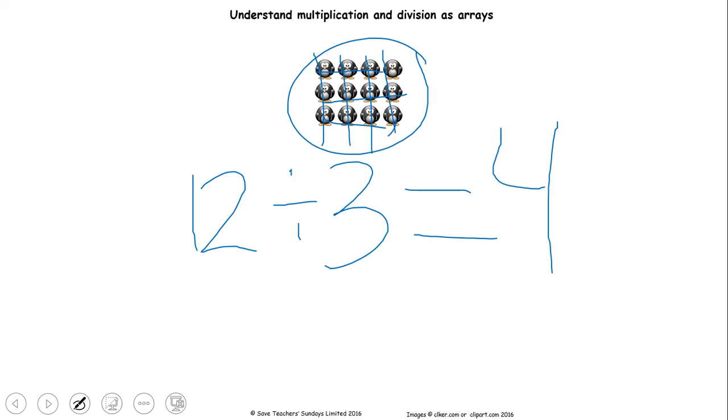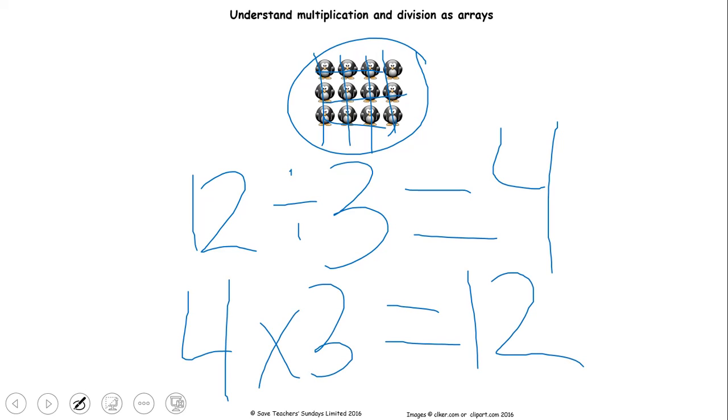Now, remember that when we do our multiplication sentence, it's the opposite because we use the same 3 numbers. So we would have 4 times 3 equals 12. So it's just taking it and flipping it. So we have our division here and our multiplication here.